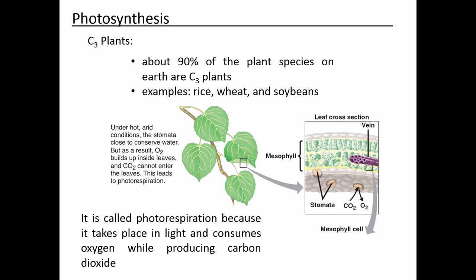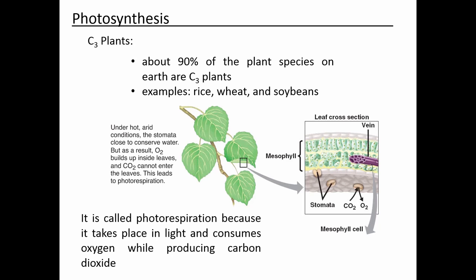So in hot, dry conditions, these plants are going to close their stomata to conserve water, because they don't want to lose water under hot and dry conditions. But closing the stomata also prevents gas exchange. On hot, dry days, the plant is not taking up carbon dioxide and it's not releasing oxygen.